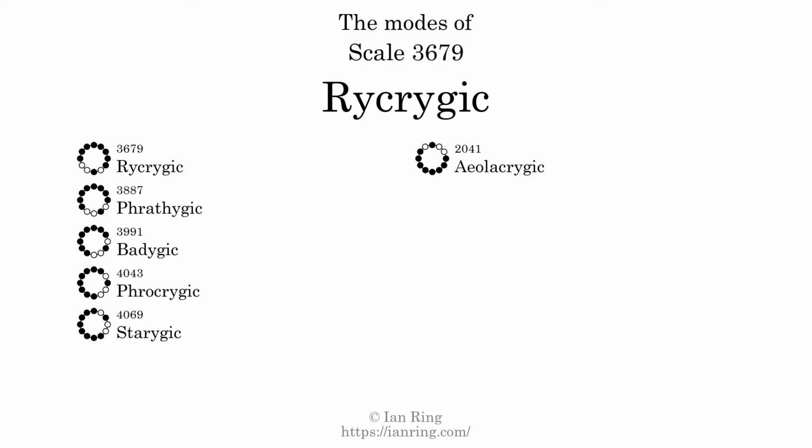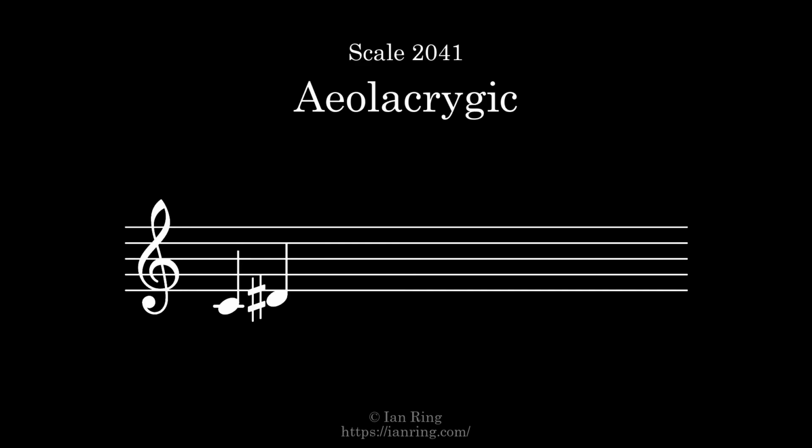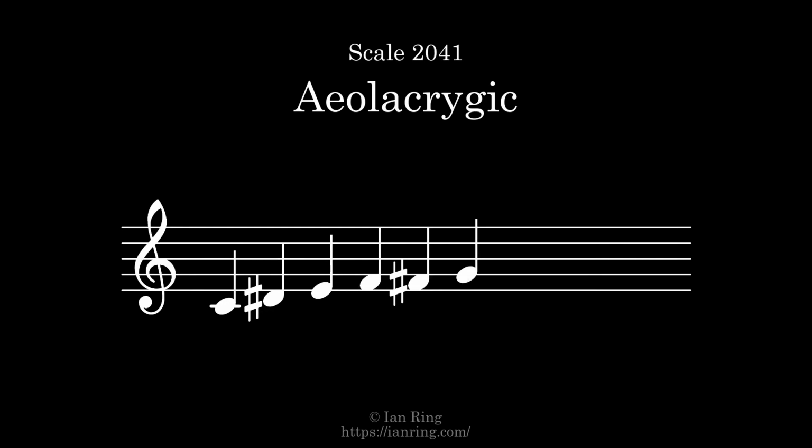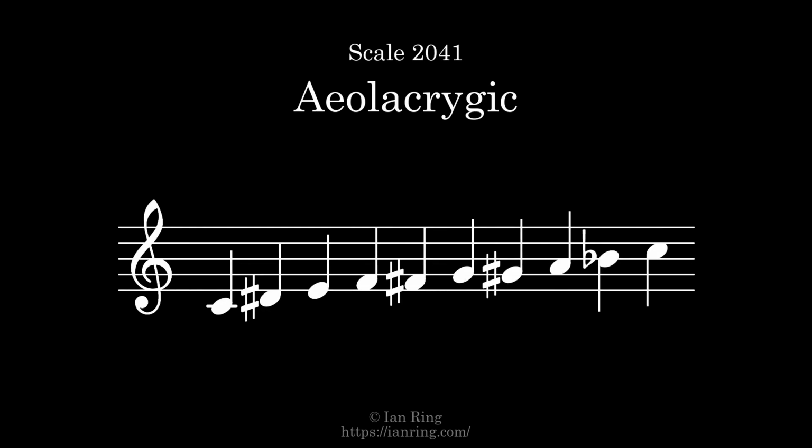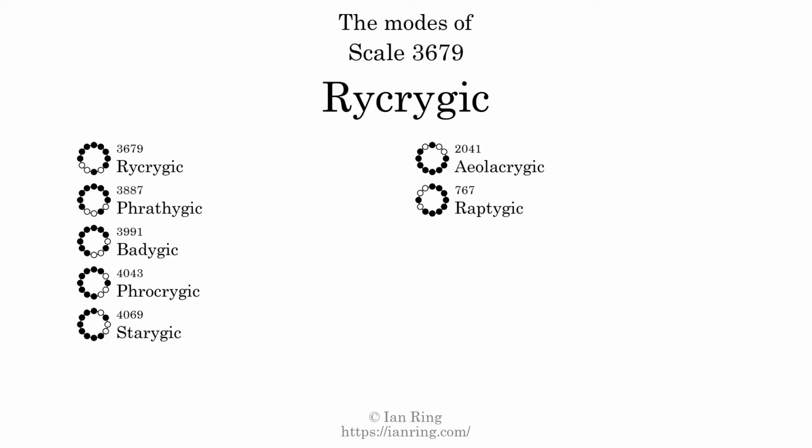The sixth mode is scale 2041, also known as Rycrygic. It sounds like this. The seventh mode is scale 767, also known as Rycrygic. It sounds like this.